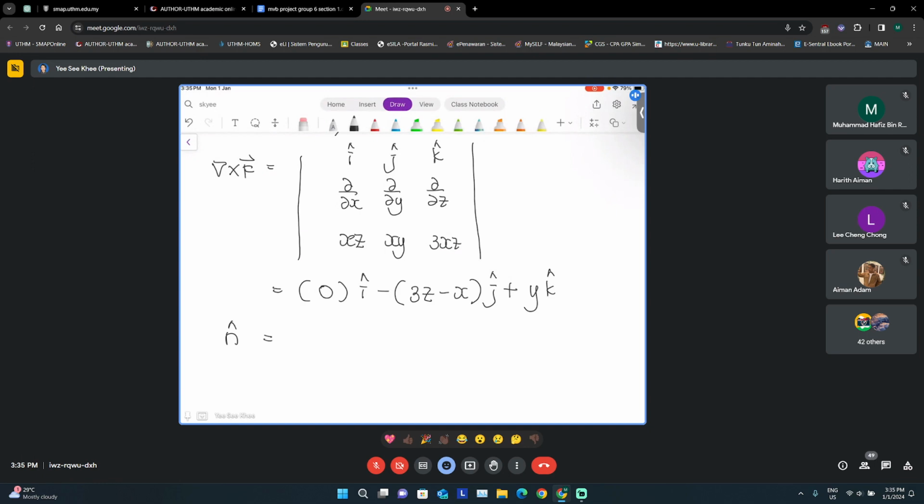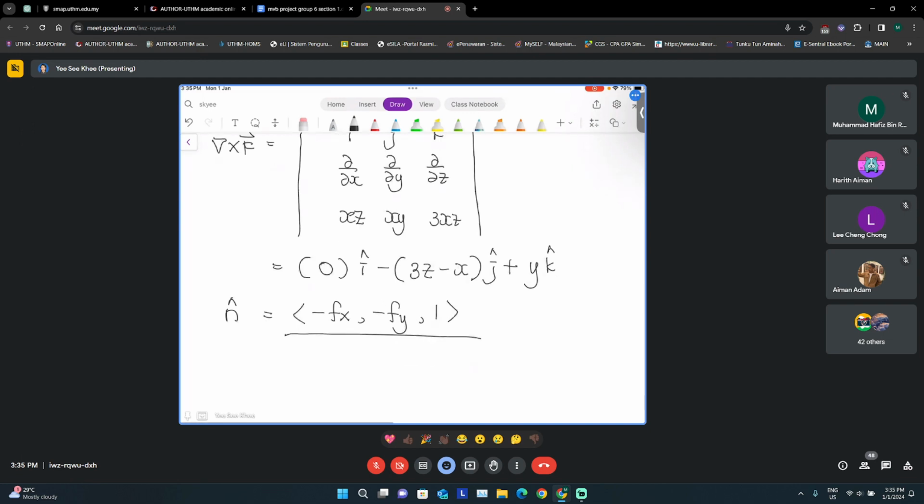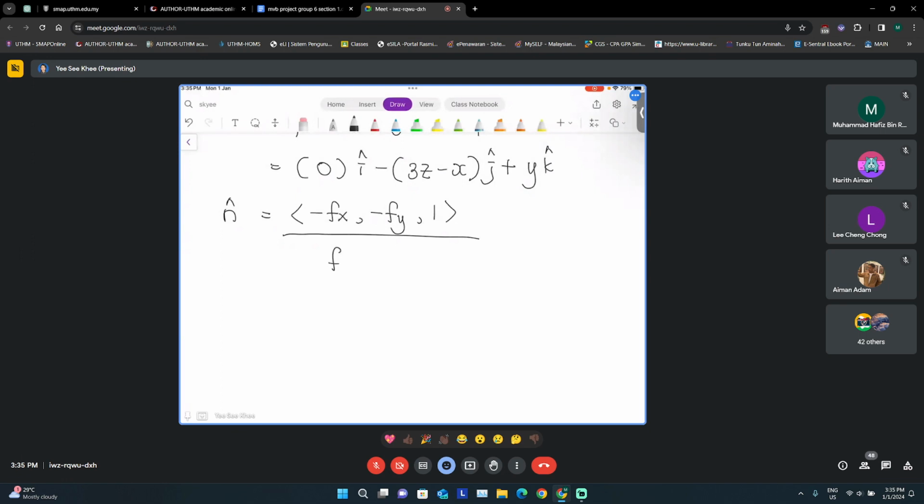Mention that it is upward, so we use these equations because it is upward. So let's find what is the F.